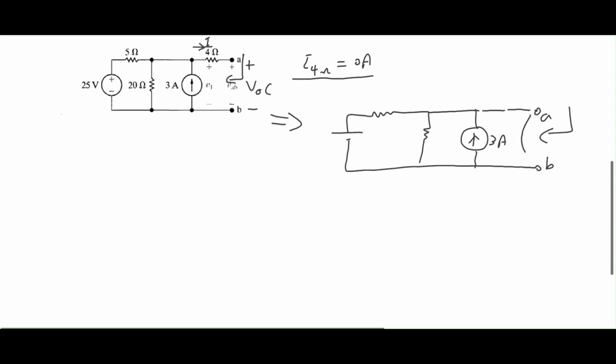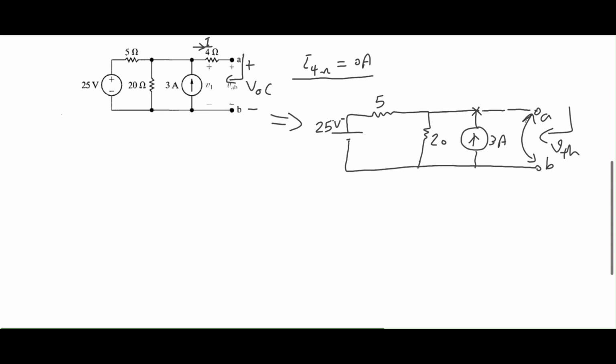So this voltage across VAB is my Thevenin voltage. So I've got 20 ohms here, 5 ohms here. There used to be a 4 ohms here, but as there is no current flowing into 4 ohms, I've just removed my 4 ohms. So the circuit is actually up to this point. 25 volts.